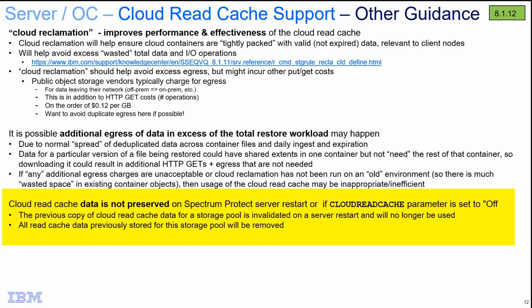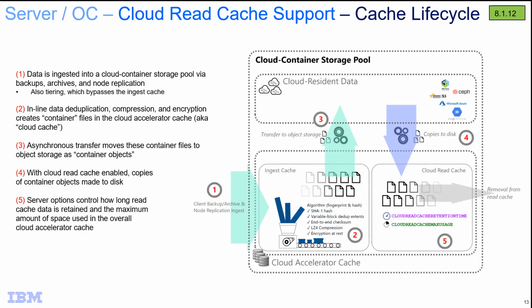Another thing to realize is that if you restart your Spectrum Protect server, or if you turn on and off your cloud read cache parameter, the data that's out in the cloud read cache is not going to be preserved. So the data that's written to this cloud read cache is in a lifecycle mode, where we read it in from the restore.